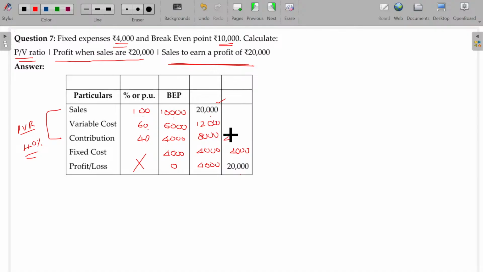So the total contribution required be 24,000. The relationship among the three numbers 5, 3, 2. 2 share is 24,000 and 3 share should be 36,000 and 5 share should be 60,000. Is that clear? 5 share should be 60,000. Clear? Seventh question is also over.